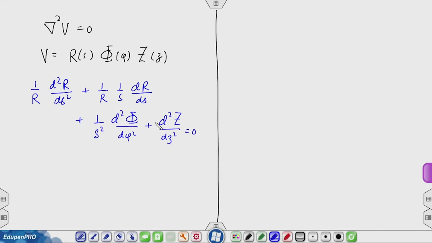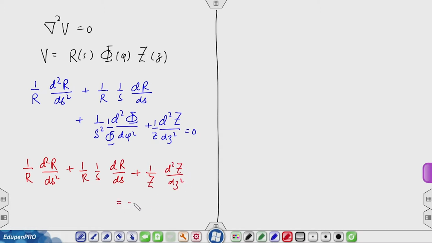I can now write this as 1 over R d2R ds square plus 1 over R 1 over s dR ds plus 1 over Z d2Z over dz square equals minus 1 over s square 1 over Phi d2 Phi over d phi square. Notice that the left hand side is a function of s and z only, and the right hand side is a function of phi only, and therefore this whole thing must be constant.